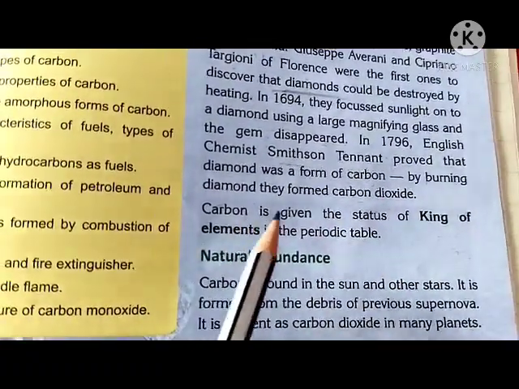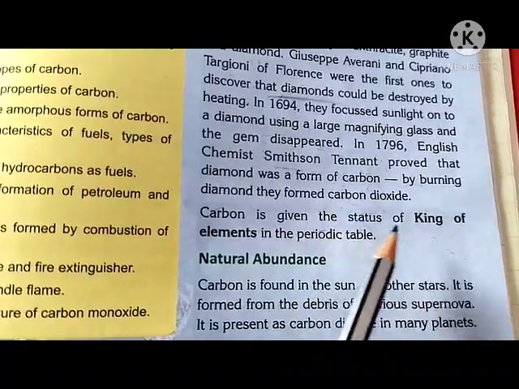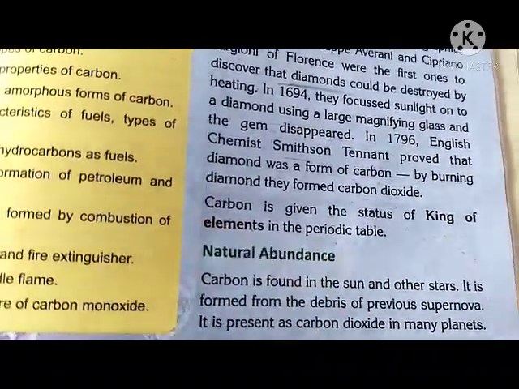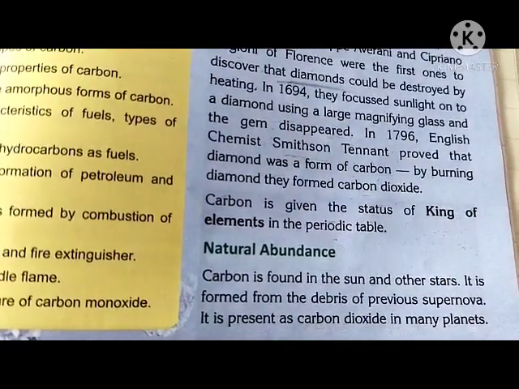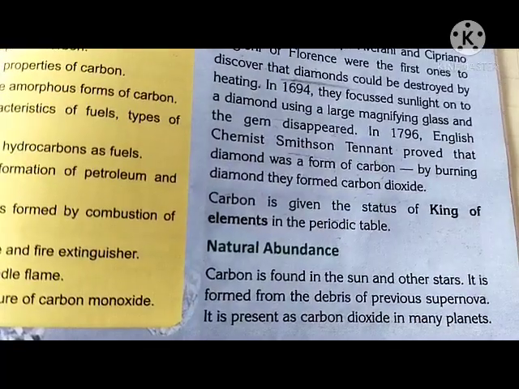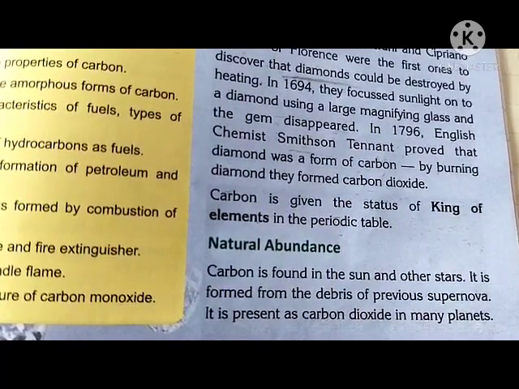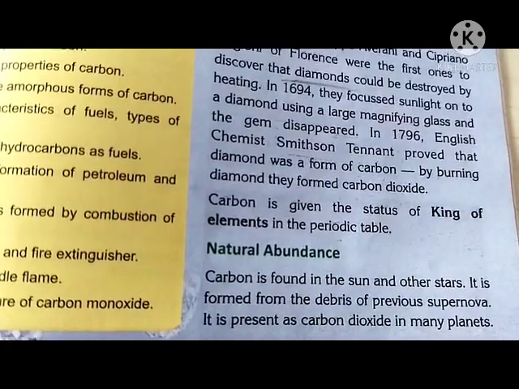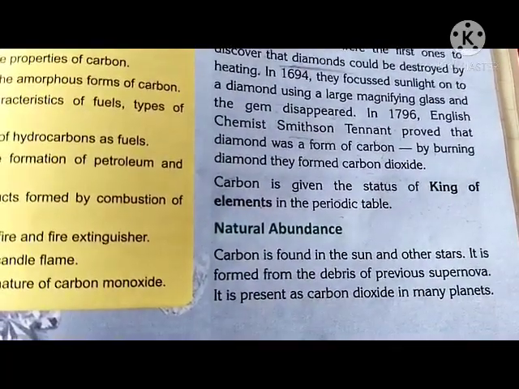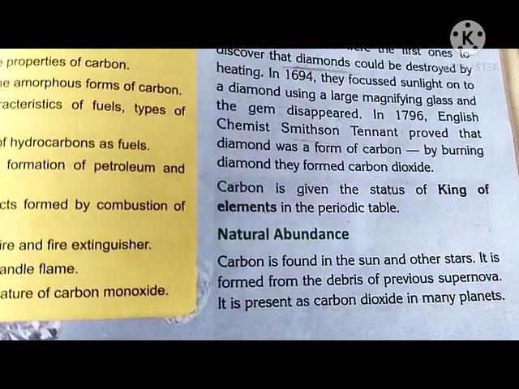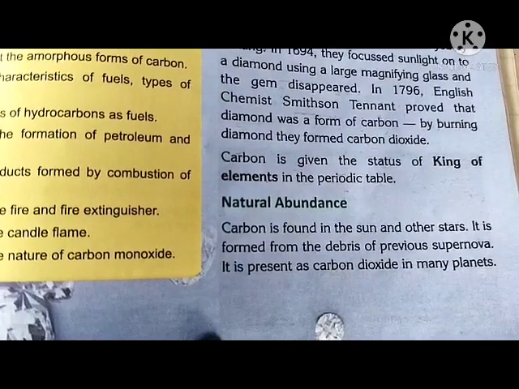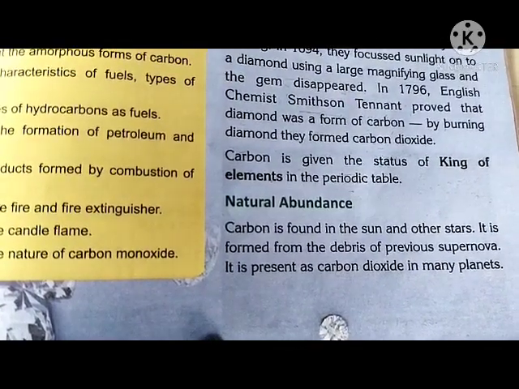Okay, carbon is given the status of king of elements in the periodic table because it forms most of the molecular forms with other elements. In the compound state, you can see many compounds formed with the help of carbon. Because of that, carbon is known as the king of elements.